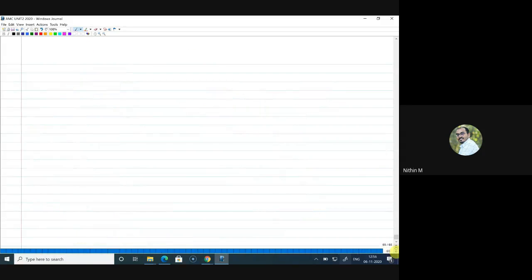All right. So let us quickly look at this configuration, which is the common emitter amplifier with, sorry, it is not source degeneration, it is with emitter degeneration.